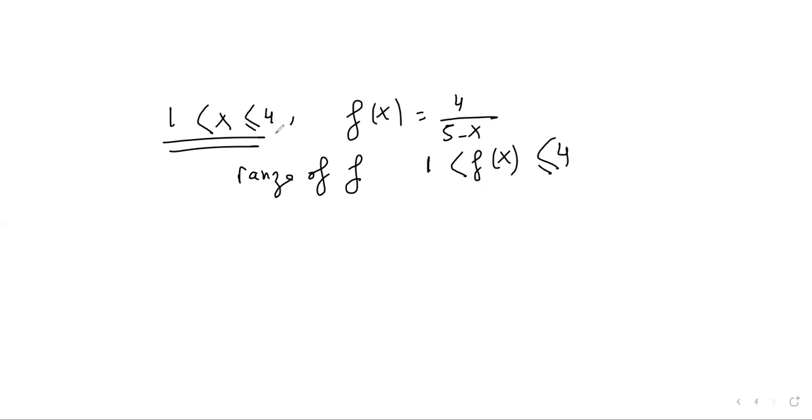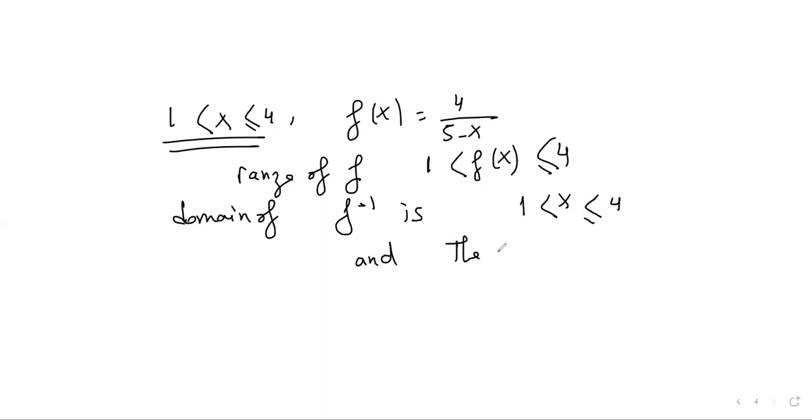So if I know the domain and I know the range, I know the domain of f^-1 for this expression: x is between the range of f, so it will be 1 and 4. Here we will not see the difference, and the range of f^-1(x) is 1 and 4 as well.